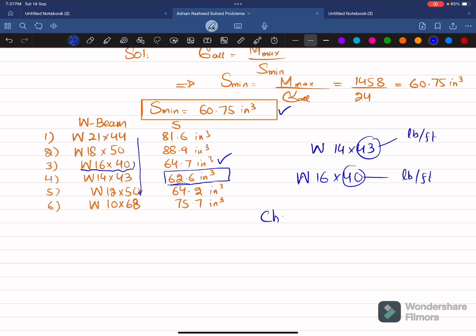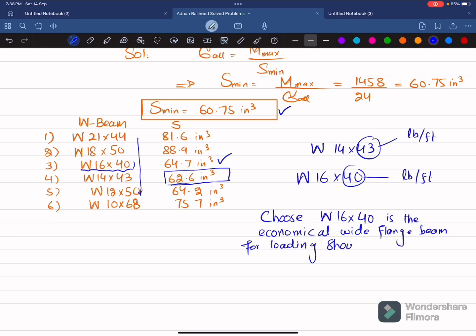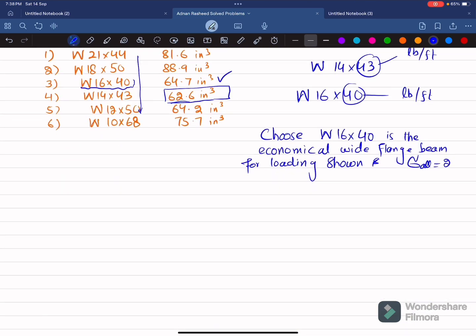We will choose W 16 by 40 as the economical wide flange beam for the loading shown and allowable normal stress is 24 ksi. So this is the answer of our question.